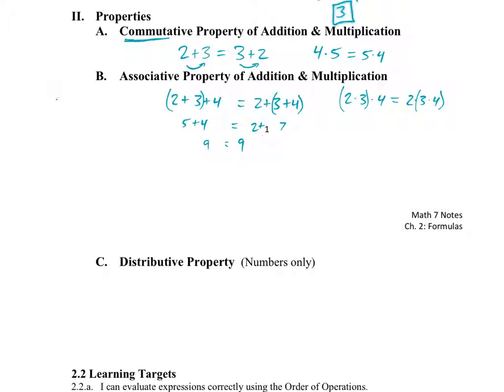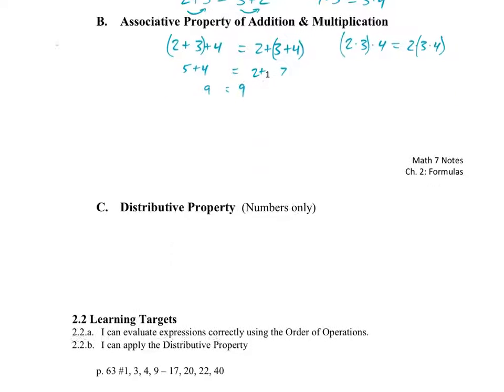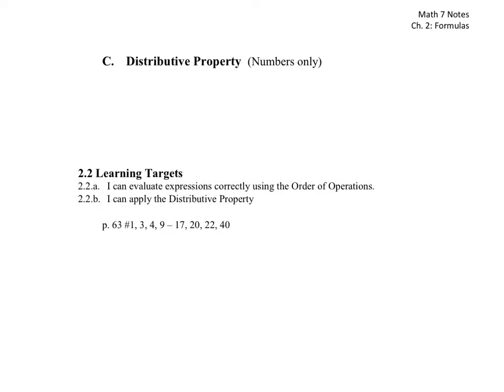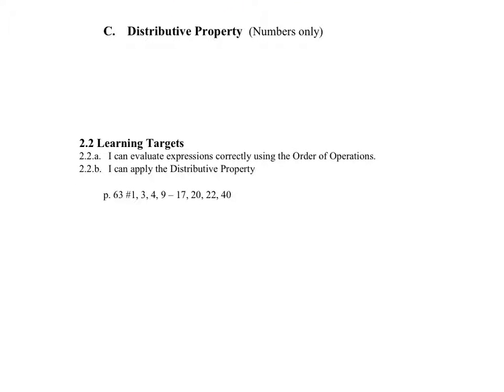All right, last step. For the distributive property, you're really only doing this for numbers. A little bit later on in life, you get to up the ante a little bit. You get to do it with some variables, and that's really kind of fun. But for now, what they're saying is if you have 3 and then parentheses with 4 plus 5, you could look at this one of a couple different ways.